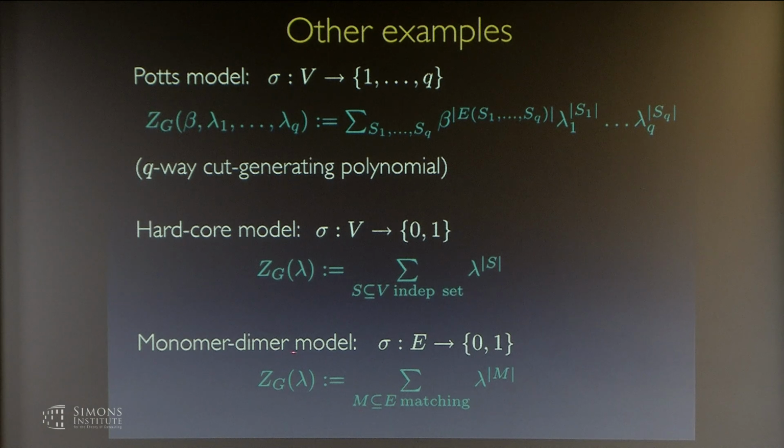And finally, the monomer-dimer model, which is strictly speaking not a spin system because it's a model on edges, but you assign 0 or 1 to each edge of the graph, and your allowed configurations are matchings in the graph, so independent sets of edges. Again, you weight each by lambda to the power of its size. And this is really just the matching polynomial.